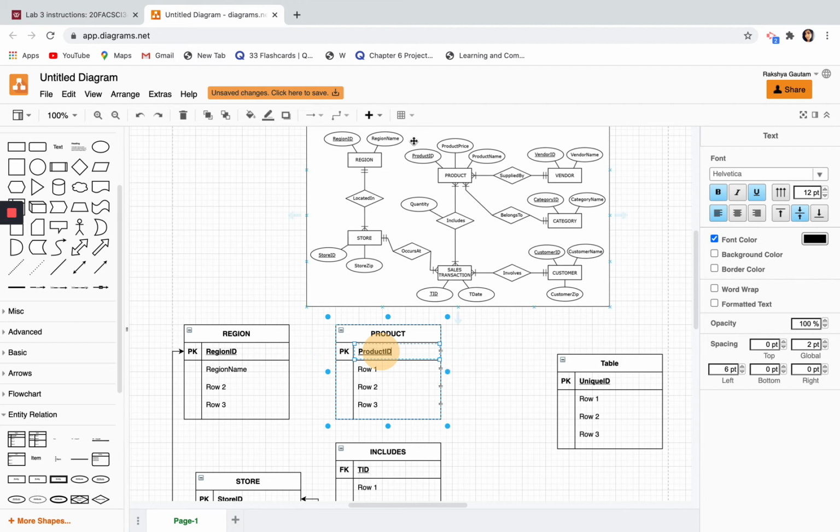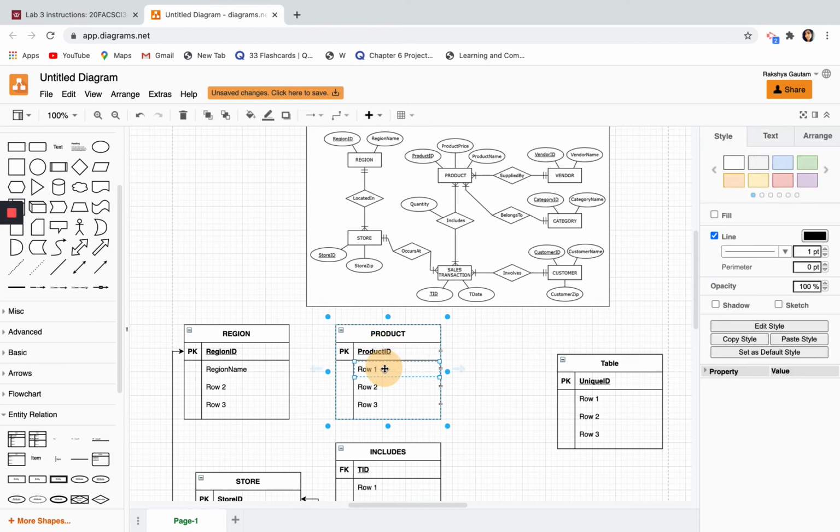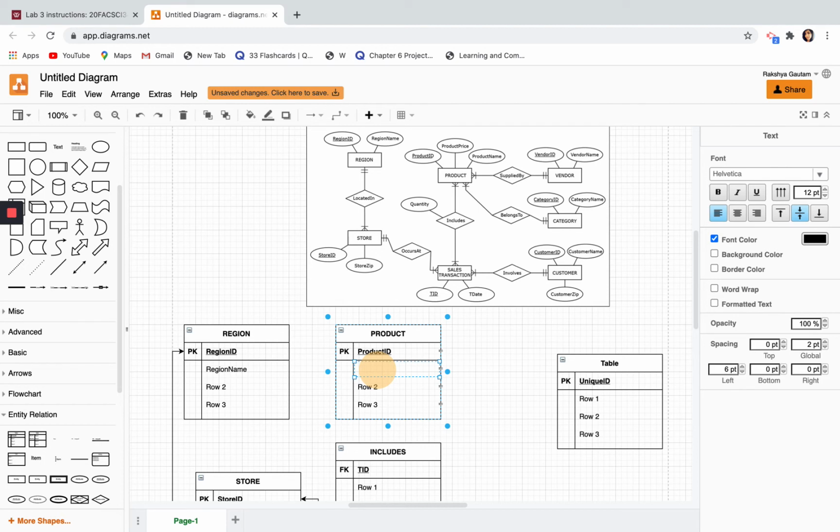Product ID would be the primary key for the product, and its attributes are product price and product name.